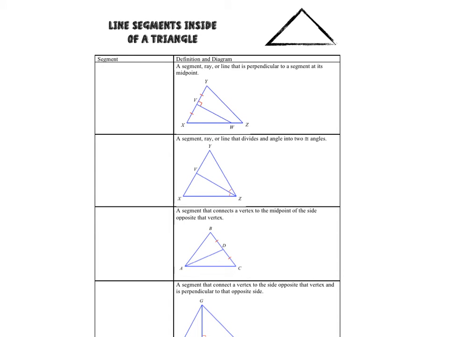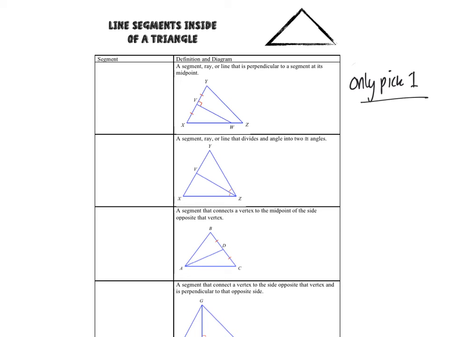So in ALEKS, they're going to give you multiple choices, and they're going to say select how many options you think the picture applies to, or the definitions that you get to choose from, and you're only going to pick one. Okay? So this is pretty much a little easy topic for you, hopefully. So I'm going to tell you what each of these pictures represent, and then you can use this when you're working on the topic in ALEKS.